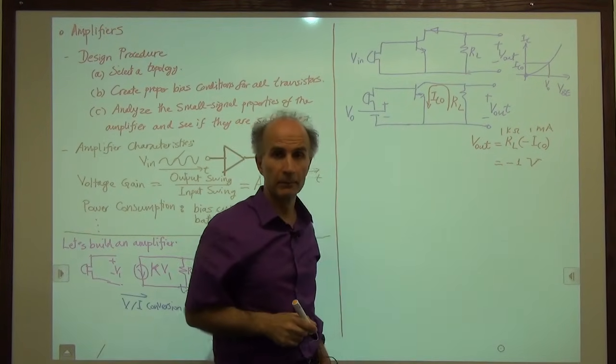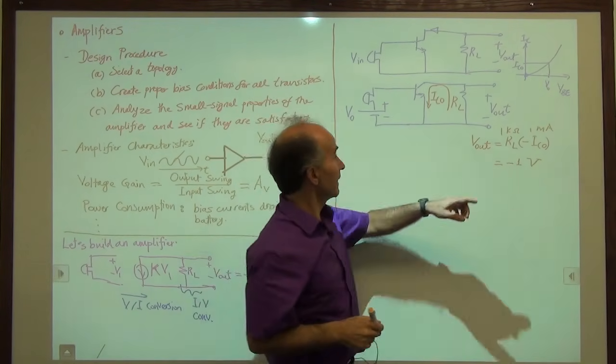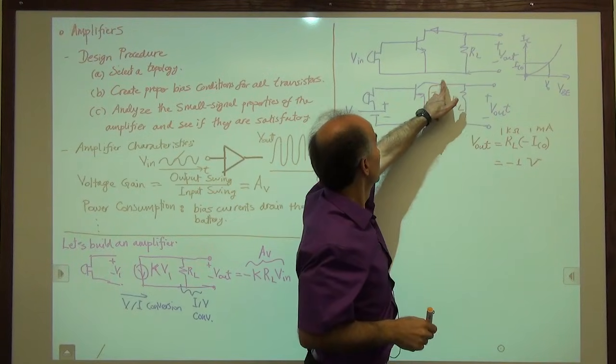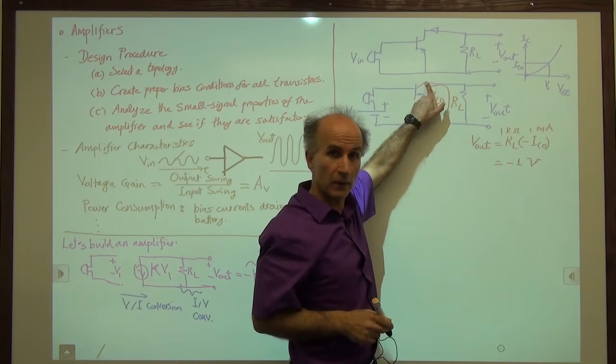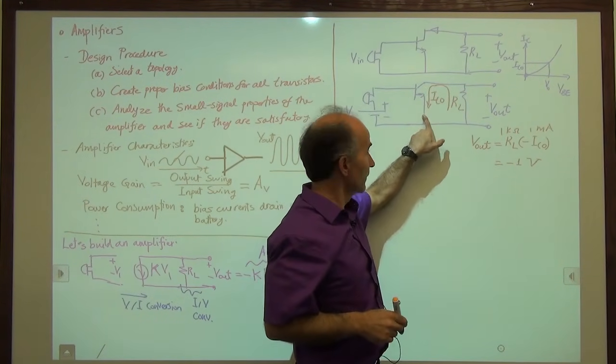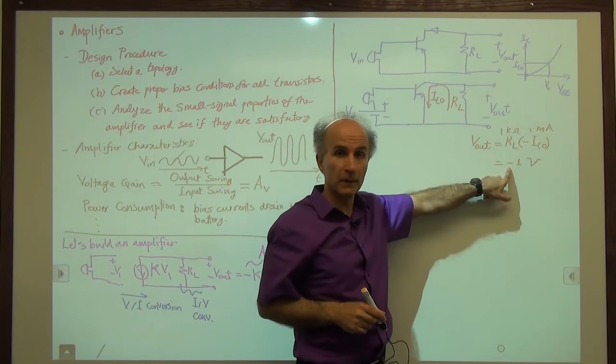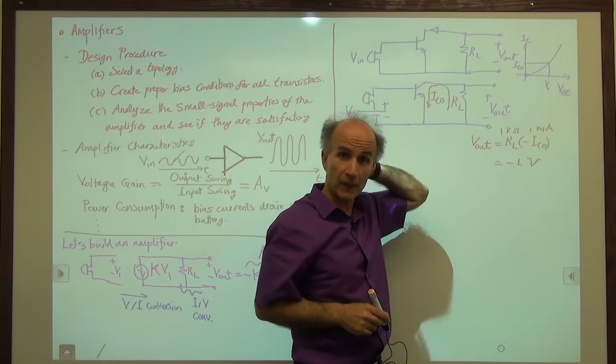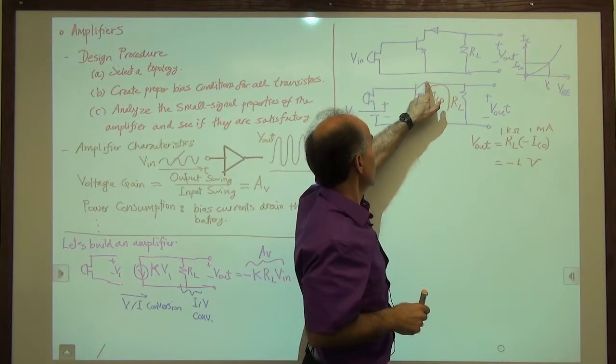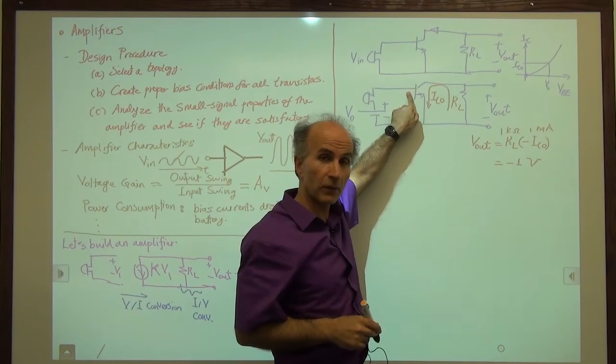Is that a problem? Well, what we are saying is that V out, meaning the collector voltage, with respect to emitter voltage, is minus 1 volt. And that's bad. Remember that the collector voltage has to be at least equal to the base voltage.